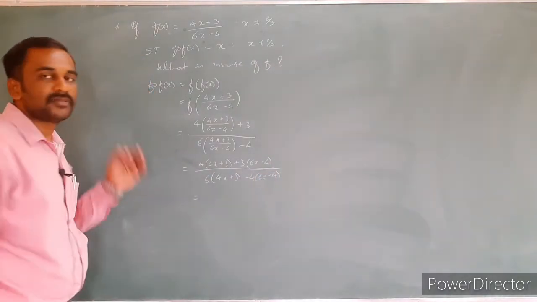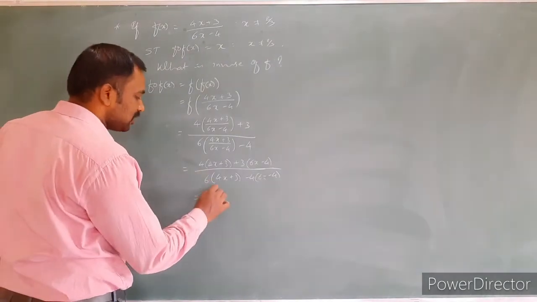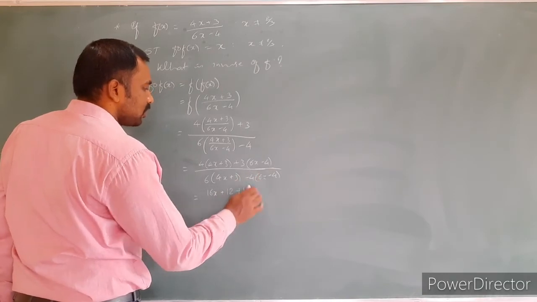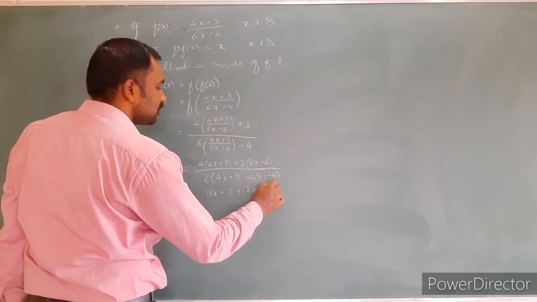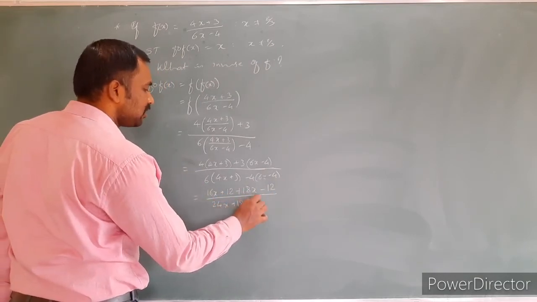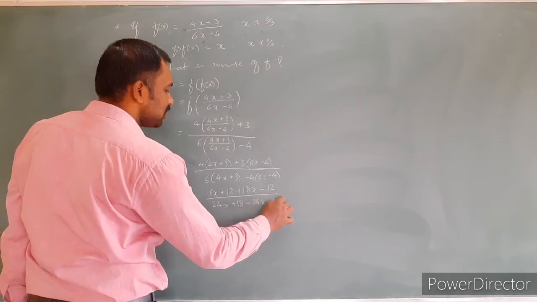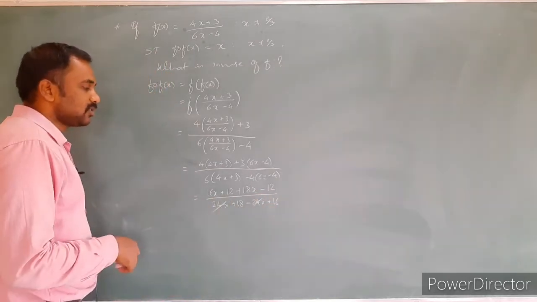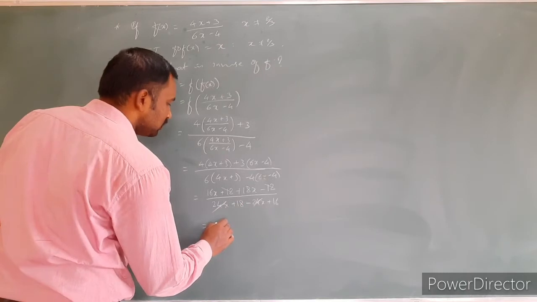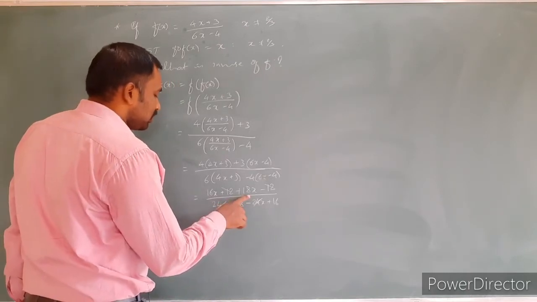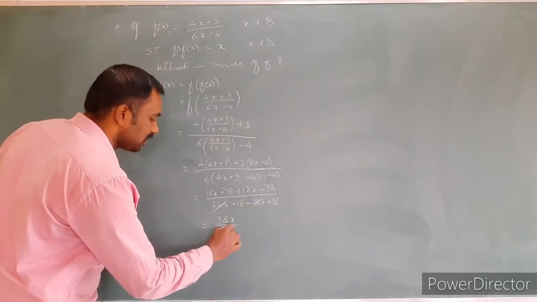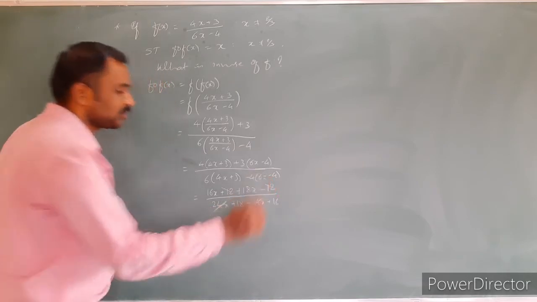Open the brackets and simplify. 4 fours are 16x plus 4 threes are 12 plus 18x minus 12, divided by 24x plus 18 minus 24x plus 16. The 24x terms and the 12 and minus 12 get cancelled. 16 plus 18, what value will it become? 34 times x, divided by 16 plus 18 which is again 34. The 34 gets cancelled and we get x.